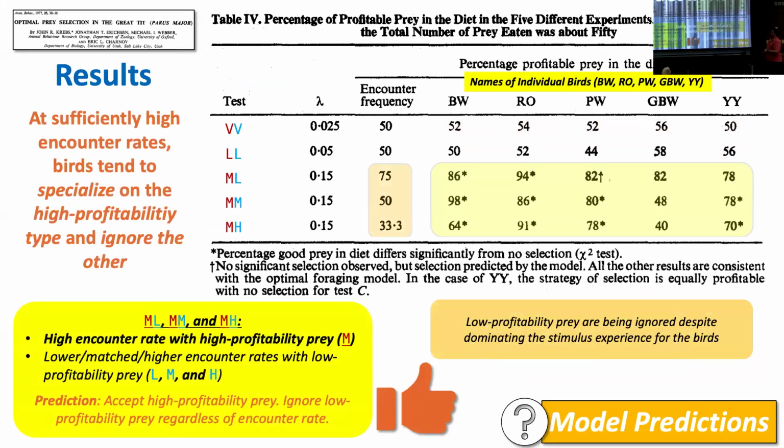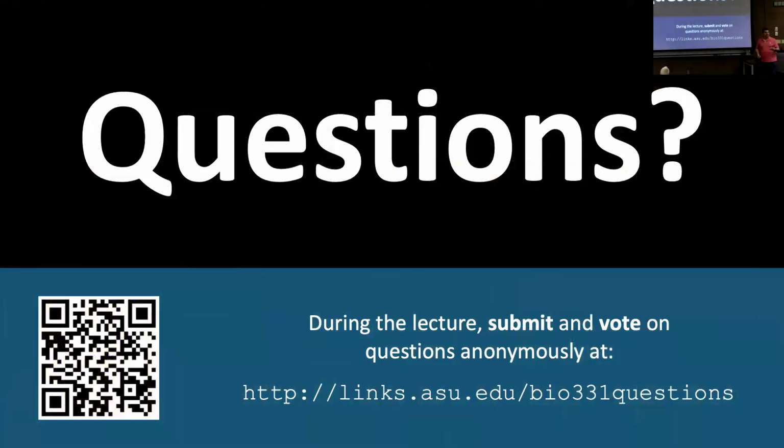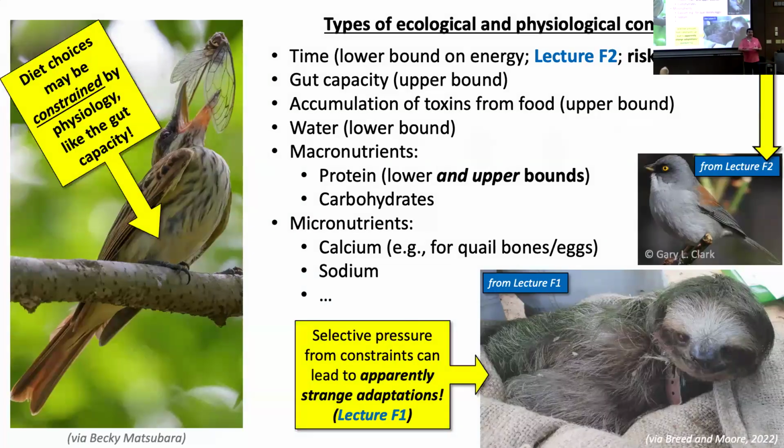Okay. Other questions about that? Okay. So it seems to fit pretty well, at least initially. But it doesn't fit perfectly. And so how do we explain the rest of the variance? Well, it turns out foraging is complicated. Lots of things are involved. We've already seen some examples of this.